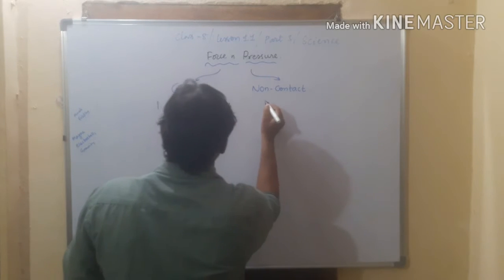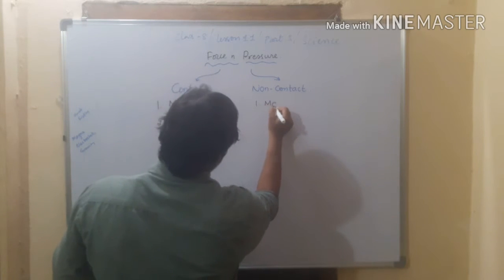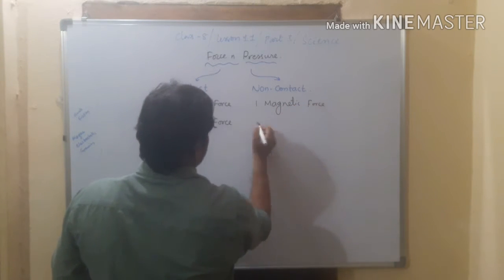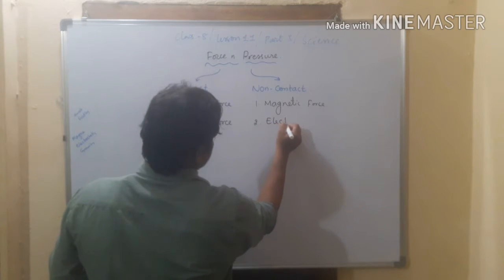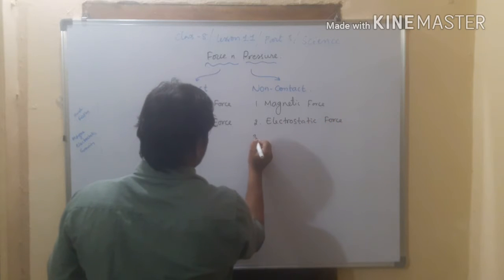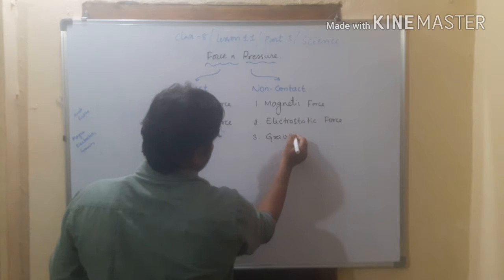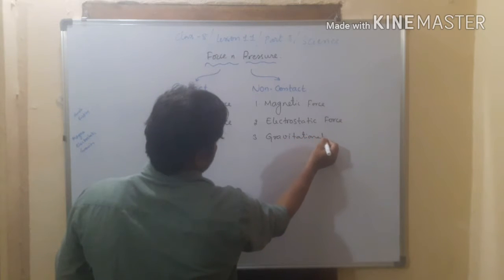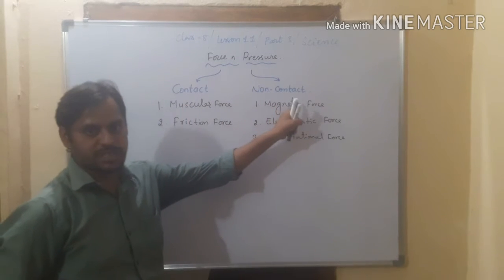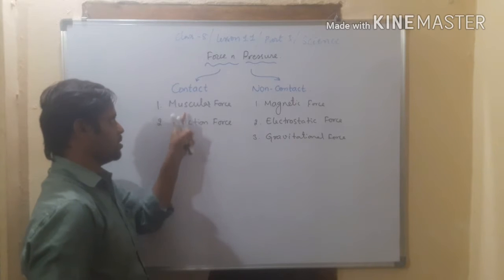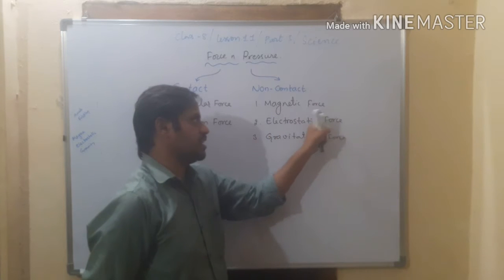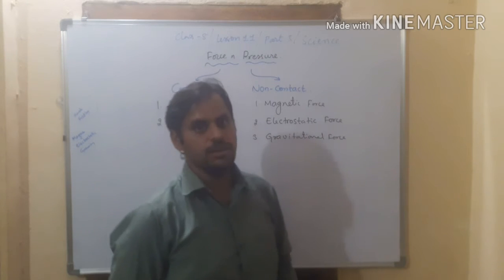And non-contact forces are: first one, magnetic force; number two, electrostatic force; and number three, gravitational force. So forces are basically two types: contact force and non-contact force. Contact forces are muscular force and friction force, whereas non-contact forces are magnetic force, electrostatic force and gravitational force.